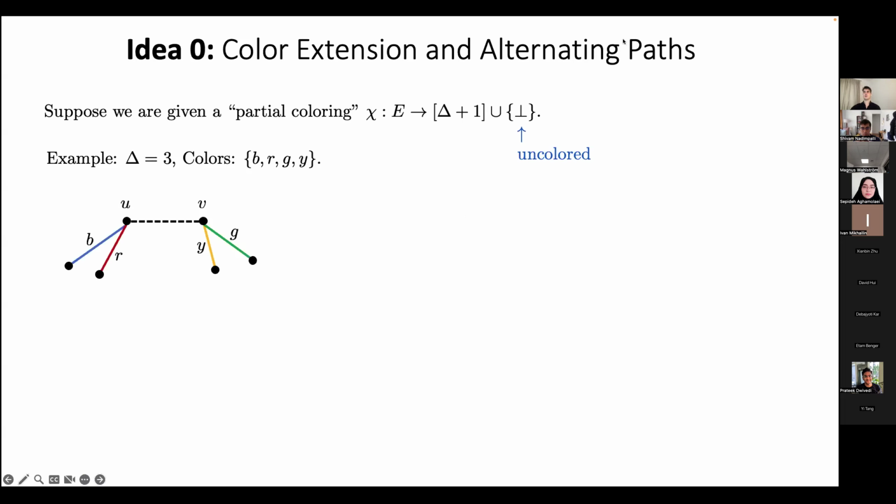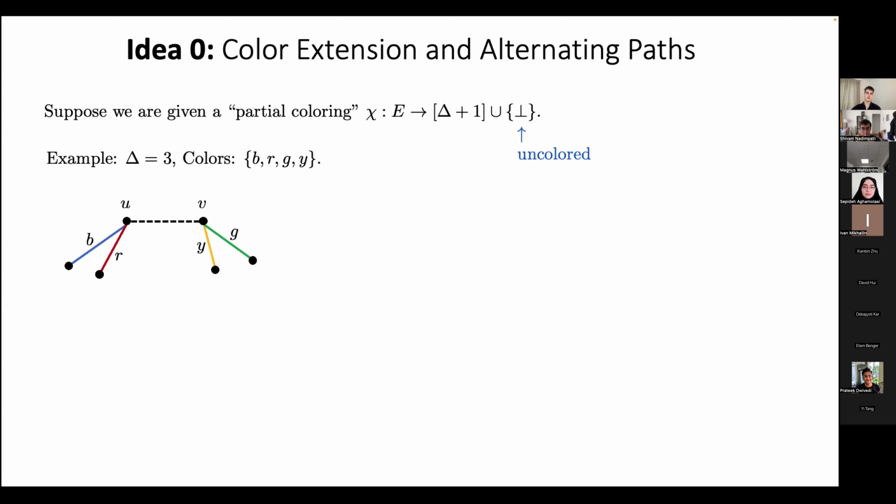The first basic idea used here in edge coloring is the idea of alternating paths. These are the basic combinatorial structure that our algorithm is built upon. Suppose you have some partial delta plus one coloring of a graph, and you have some uncolored edge UV.